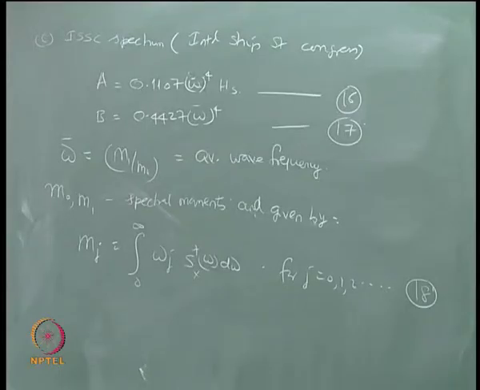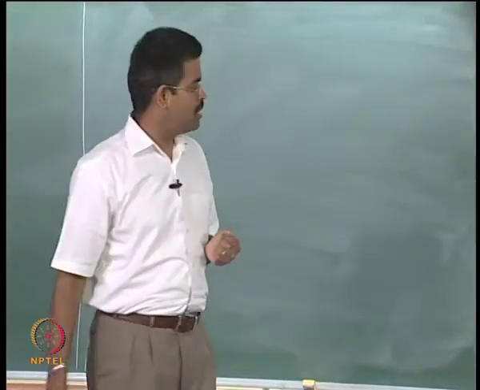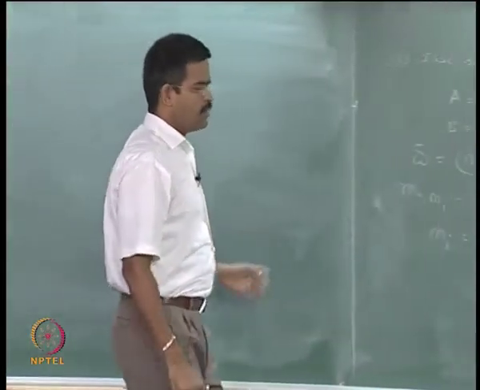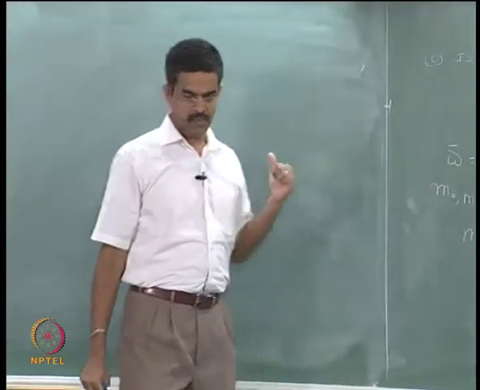There is one more spectrum which is very commonly used in the literature for analysis and design of marine structures, is the JONSWAP spectrum. But you will see JONSWAP spectrum has got a specific parameter which when modified will land up in modified PM spectrum, we will see that. Okay.